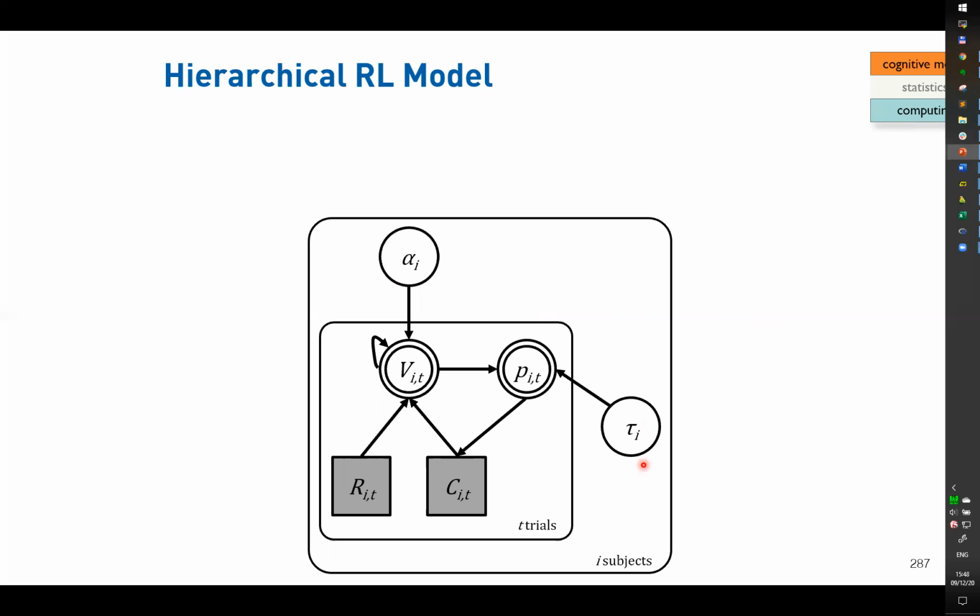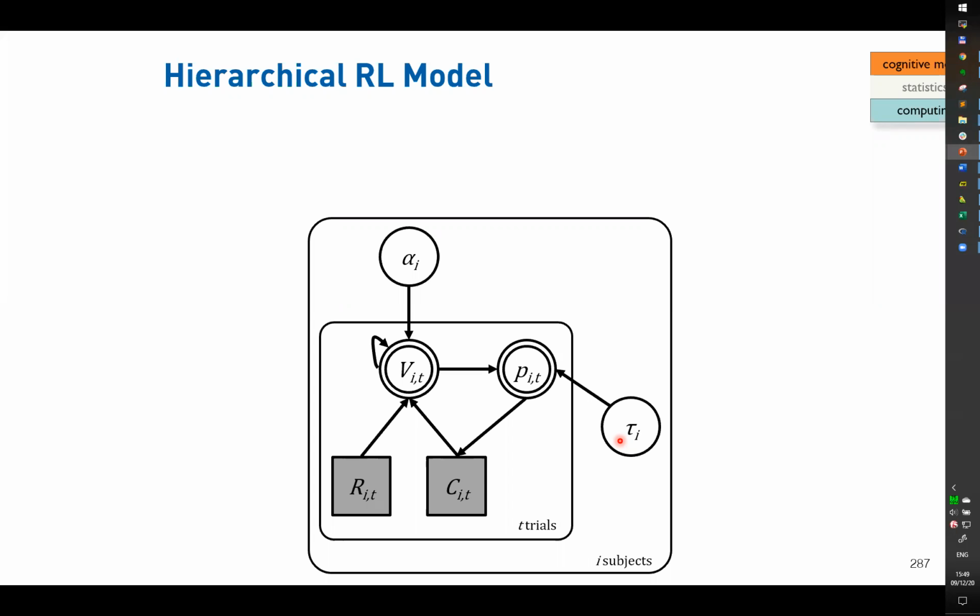Think about it. If we have 10 people, we have 10 alphas here, i meaning 1 to 10. And we have 10 taus here, so tau 1 to tau 10, okay? They are independent as of now. But if we want to do it hierarchically, recall that we want to do it assuming a normal distribution. Now what would you do?